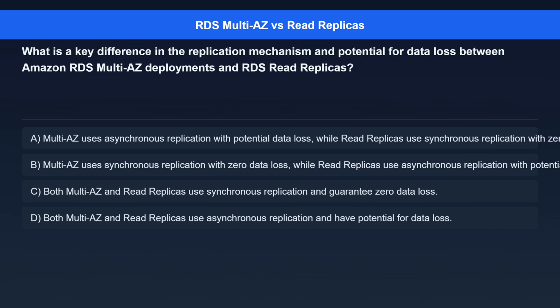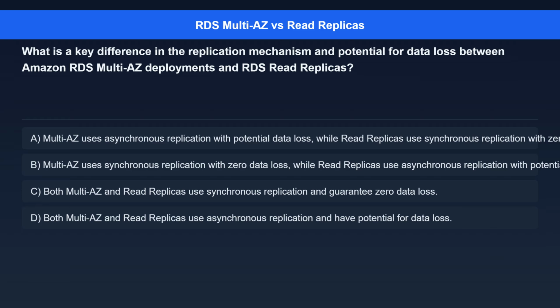Question 5. What is a key difference in the replication mechanism and potential for data loss between Amazon RDS multi-AZ deployments and RDS read replicas? Option A. Multi-AZ uses asynchronous replication with potential data loss, while read replicas use synchronous replication with zero data loss.